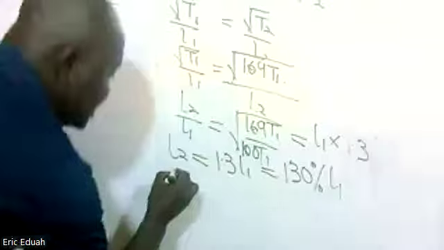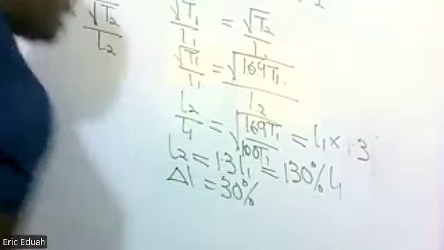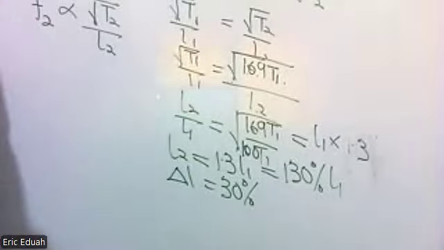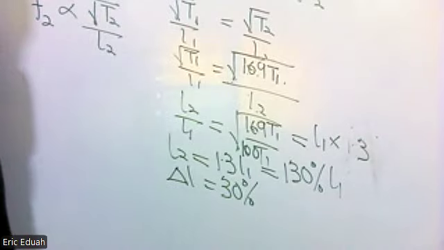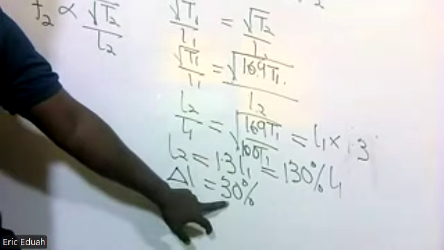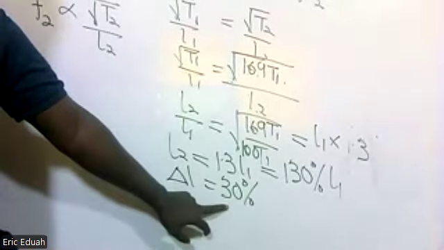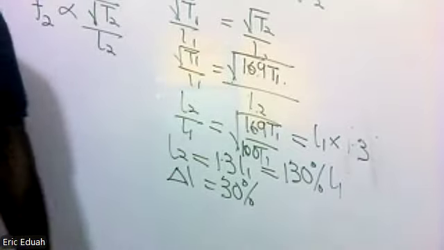So the change in length must be 30% in order to have the same frequency of vibration. So if you increase tension by 69%, the length would also be increased by 30%, so that they can have the same frequency of vibration.